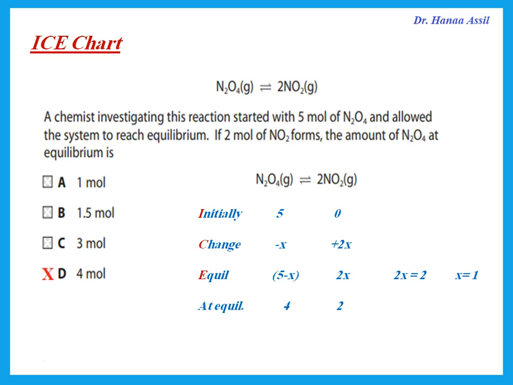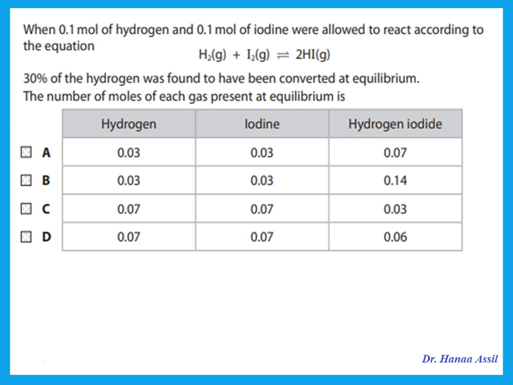And that means that the amount of N2O4 at equilibrium is 4 moles. Now, this kind of analysis we call the ice chart. Initially, what happens? What is the change? And at equilibrium, what do we have? Are we following?